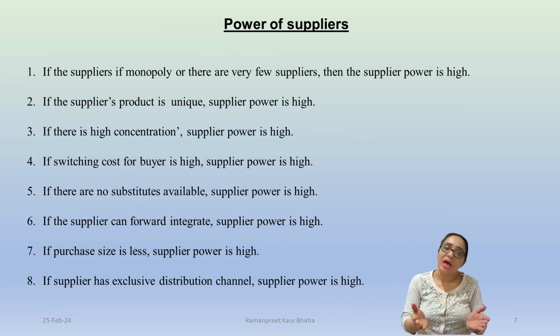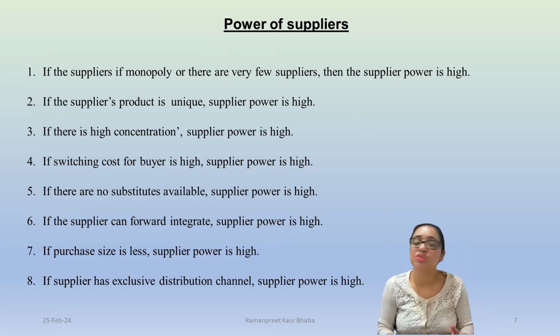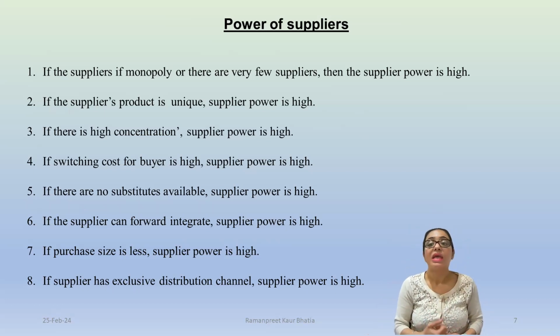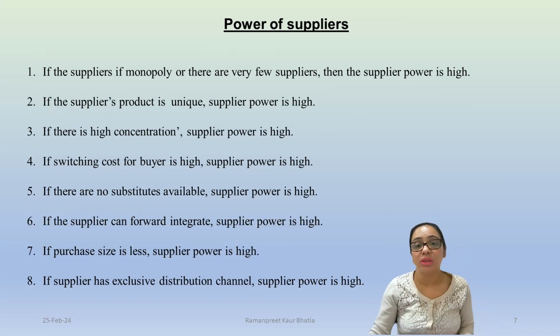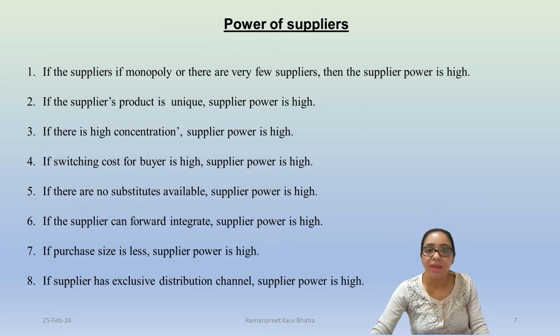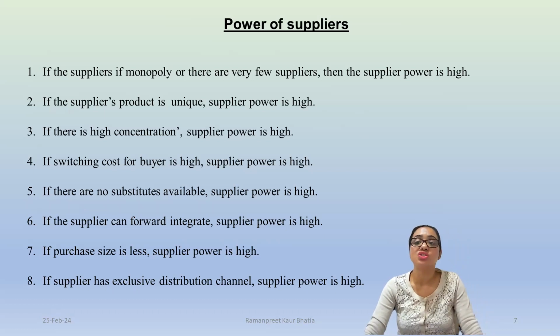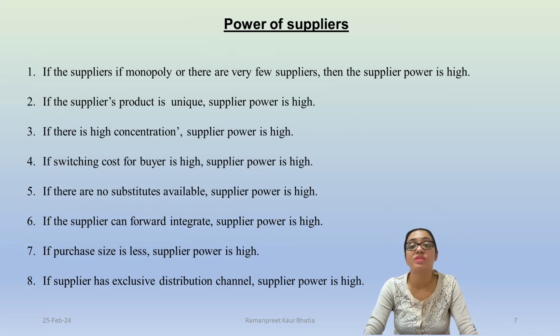If the supplier has an exclusive distribution channel, now this point is coming again and again, then it can control the buyer supplier power rule. Again, the example of this is certain shelves are reserved exclusively for some suppliers in supermarkets. For example, we want to purchase a toothpaste and we go to a supermarket and we know that the entire shelf is filled with Colgate brand only. I'm not going to find any other brand.